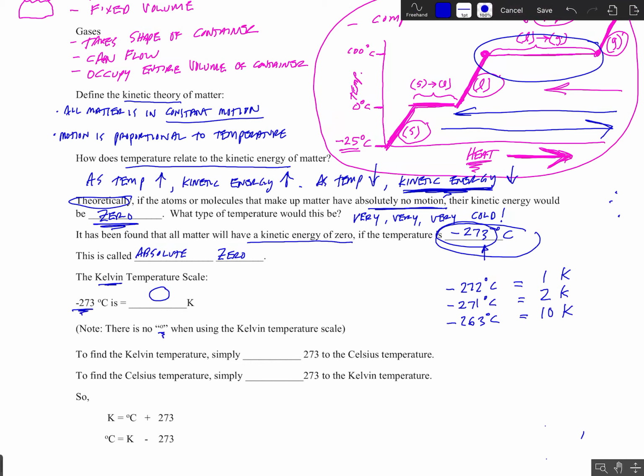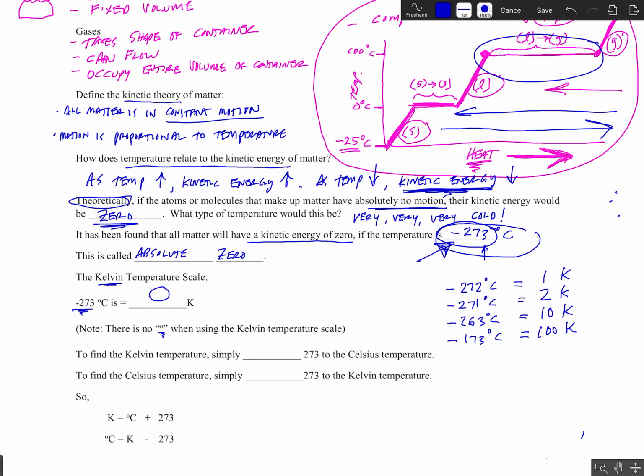Let's do a couple more just for fun. Let's say we're 100 degrees above the lowest possible temperature. So we're 100 degrees warmer than negative 273. Wouldn't that be negative 173 Celsius? That's still pretty doggone cold. But it is 100 degrees above the lowest possible temperature, so we call that 100 Kelvin.